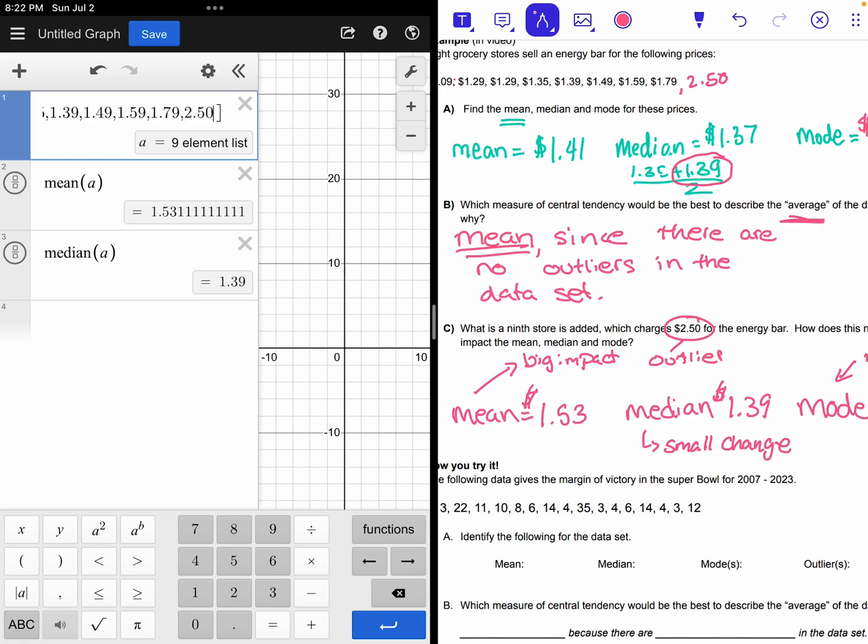In fact, often if there are outliers in data sets and we want to find the mean, we're going to throw the outliers out of the data set so that it doesn't have quite such a big impact on our measures of central tendency. So hopefully you have an idea of how you can use technology to help you find these measures. And if you click on to the next slide, you'll have an opportunity to try to find the mean, median, and mode on your own.